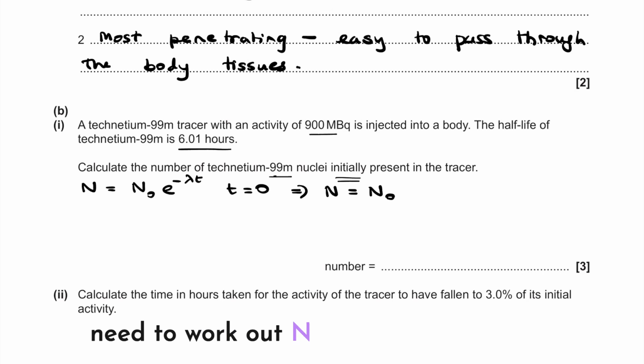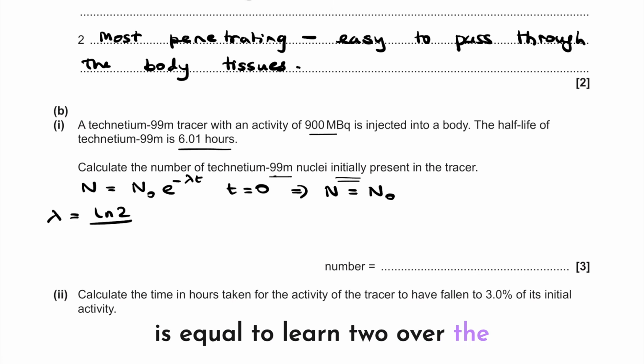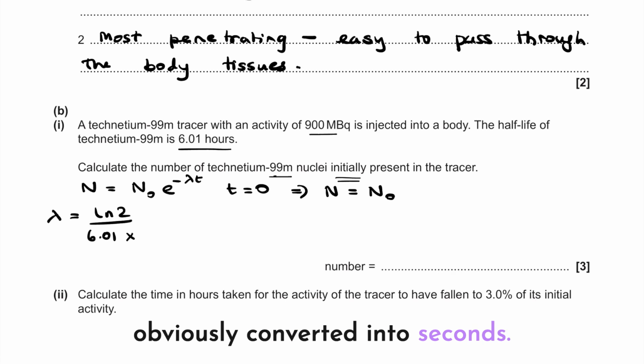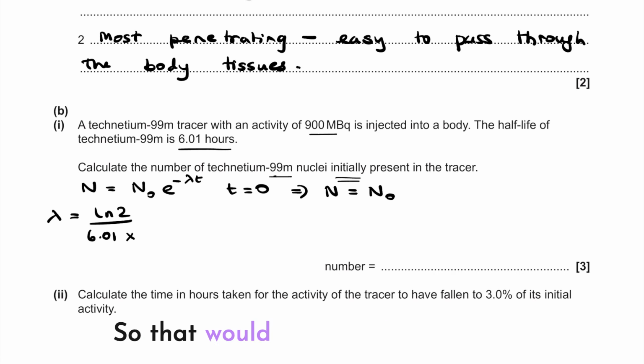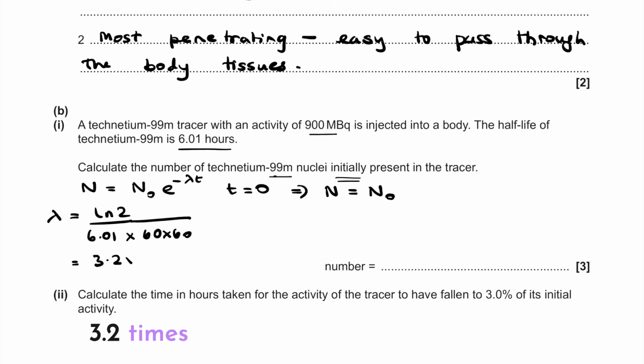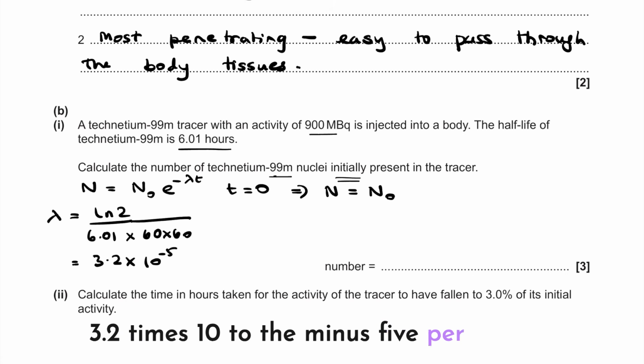I need to work out N, and I know lambda is equal to ln 2 over the half-life, which is 6.01 hours, and obviously convert it into seconds. So that would be 60 minutes and 60 seconds, and that gives me a value of 3.2 times 10 to the minus 5 per second.